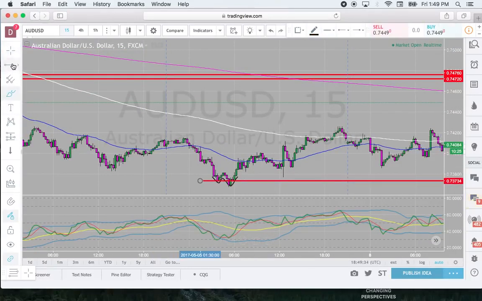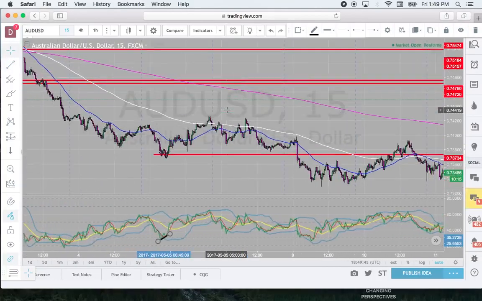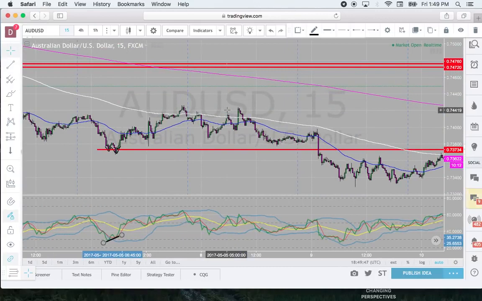So you can also see the divergence in TDI right here. So, are you guys understanding a little bit more? I really hope so.